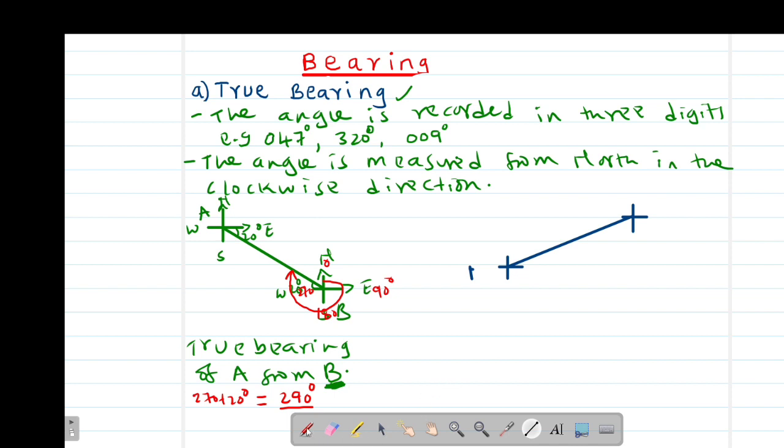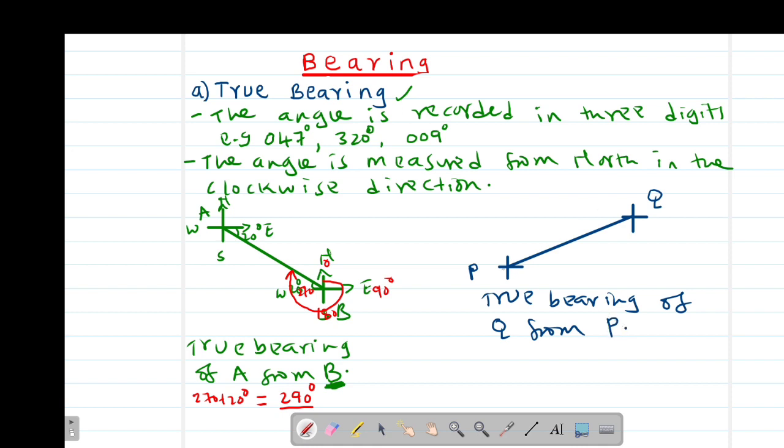Then you are told to find the true bearing of Q from the point P.